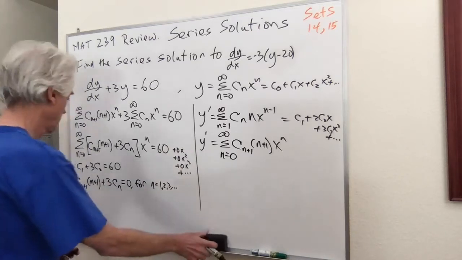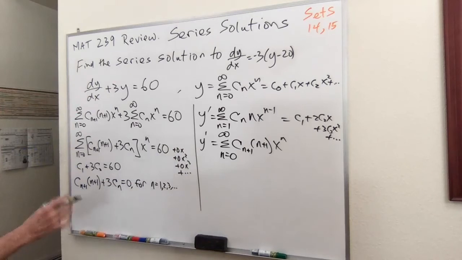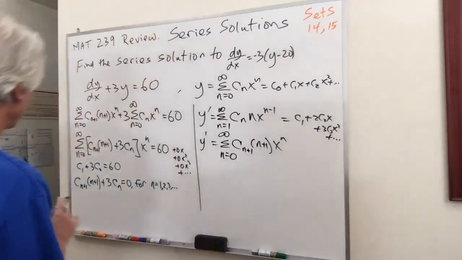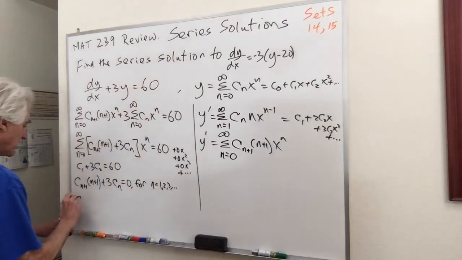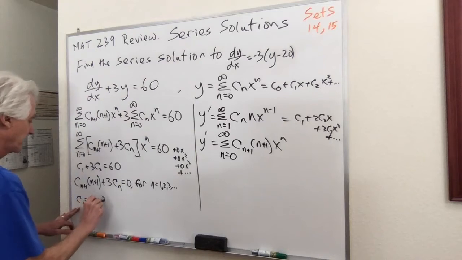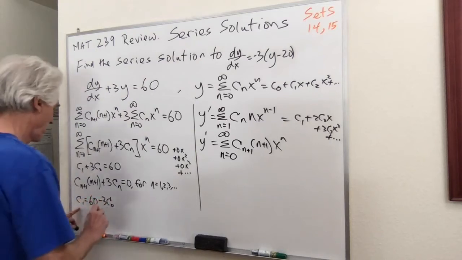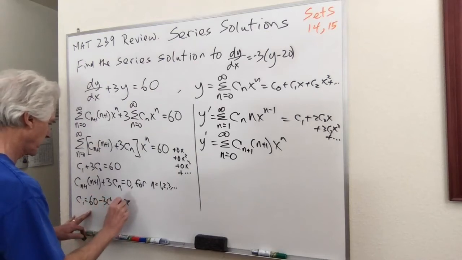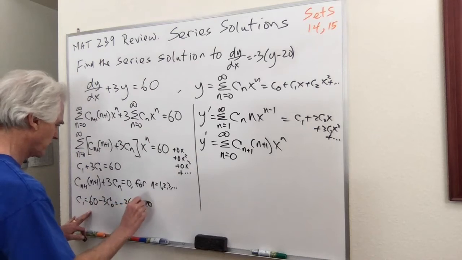And I like to solve these before I box it as the recurrence relation. I like to solve for the highest coefficient. I get c1 is 60 minus 3c0. In fact, by the way, that's minus 3 times c0 minus 20, isn't it?